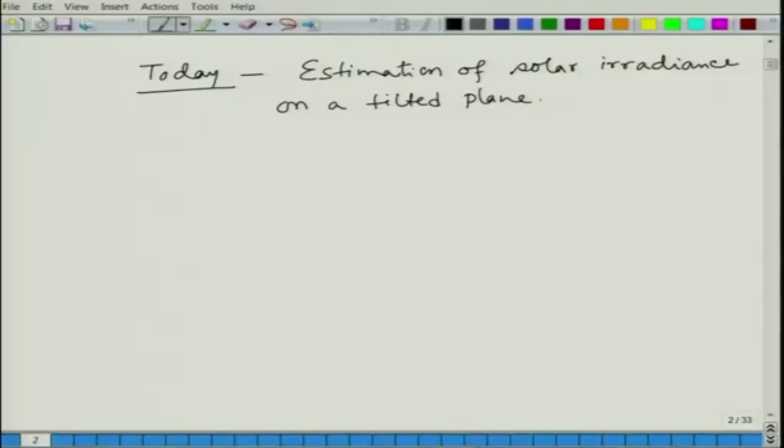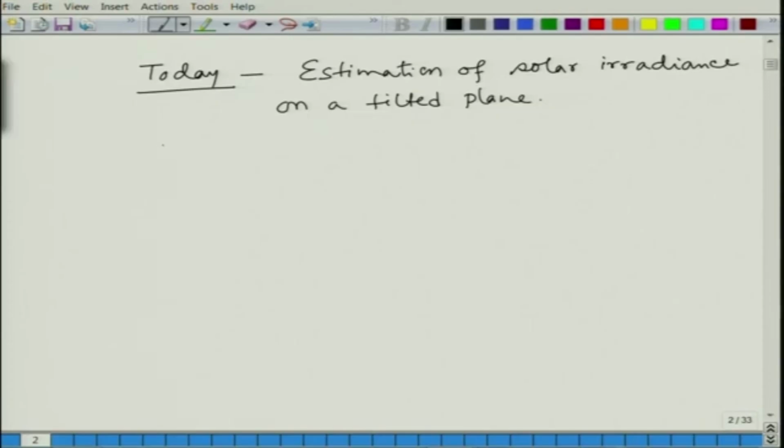That is a critical parameter, and so far what we did, we have looked at all the possible details that go into this kind of analysis or this kind of estimation. Okay. So, we are in a position to look at this topic, estimation of solar irradiance on a tilted plane.